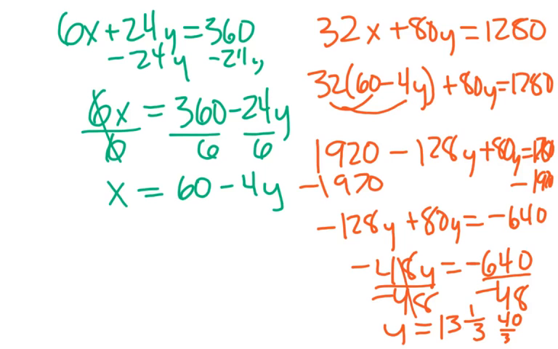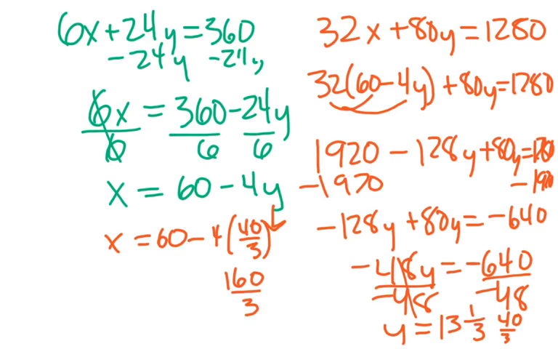Okay, so honestly, I think graphing would be a better option here. But then to figure out the x, we just replace that 40 over 3. We'd have 160 over 3 subtracted from 60 equals x. So 160 divided by 3 is 53.33.